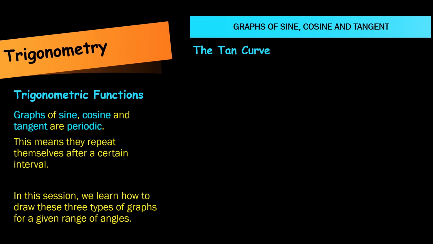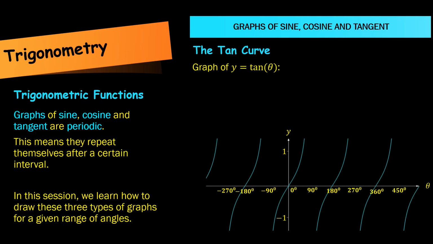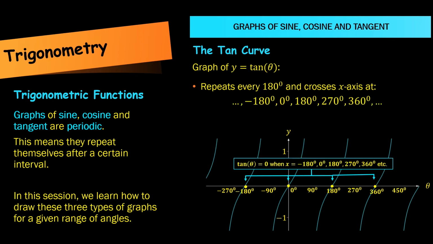And now for the tan curve. The graph of y equals tan theta looks something like this. It repeats every 180 degrees and crosses the x-axis at, for example, minus 180 degrees, 0 degrees, 180 degrees, and so on.